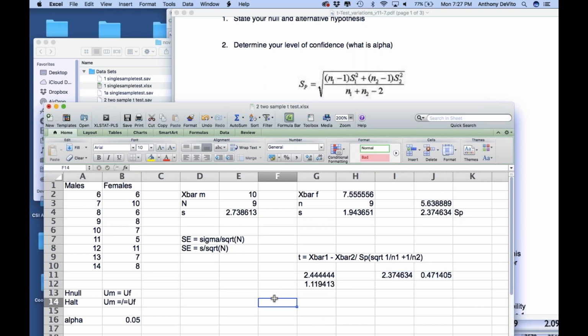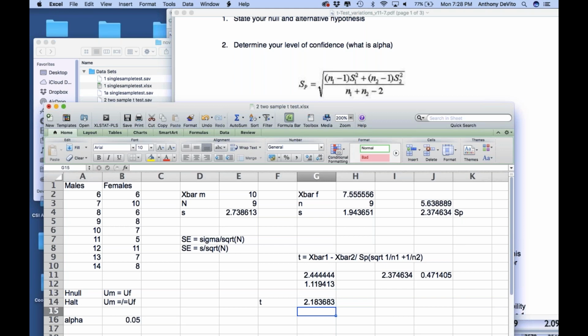So t is going to be equal to the difference in the two means divided by the standard error. And what does t come out to be? It comes out to be 2.18. Now, do I know if I can reject my null hypothesis yet?